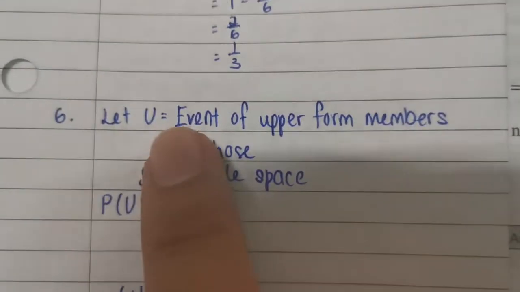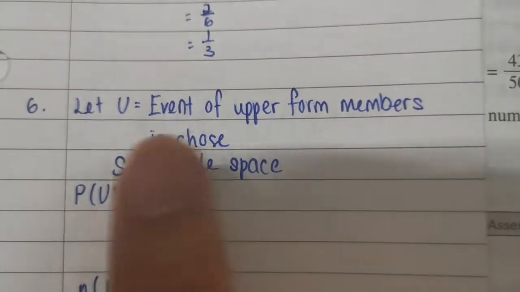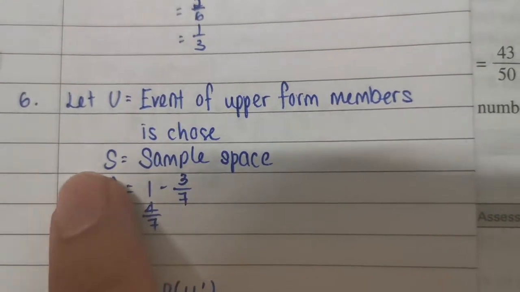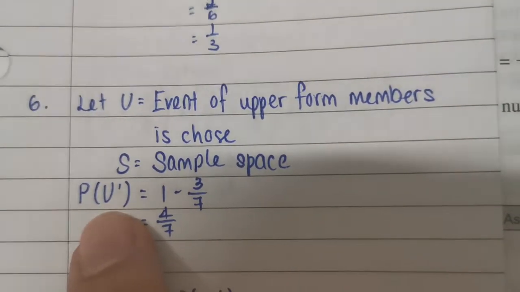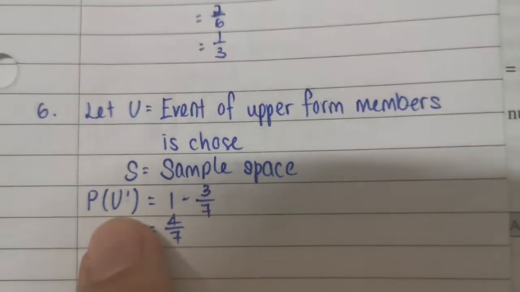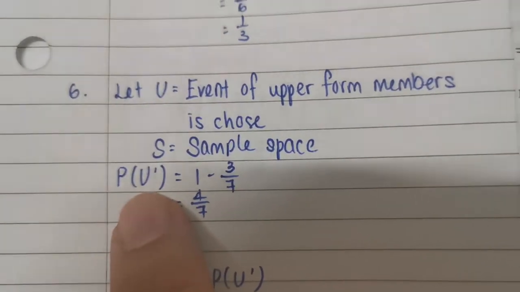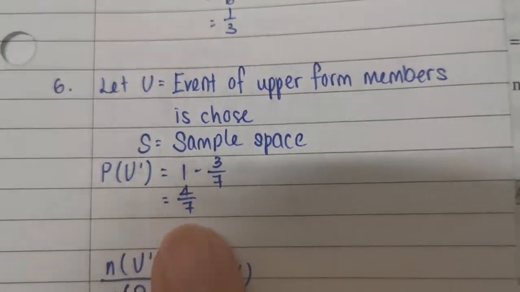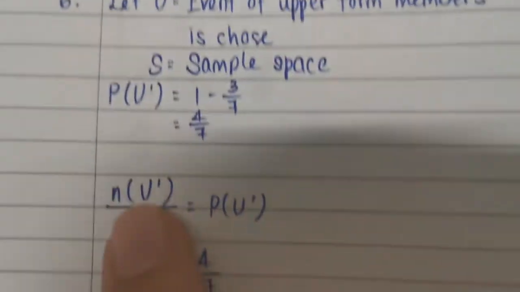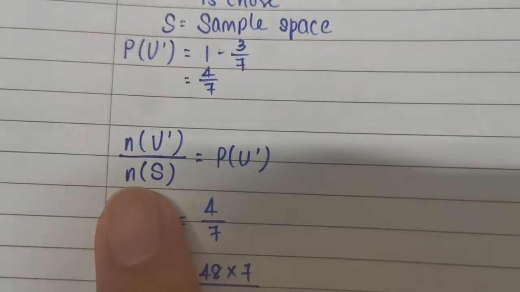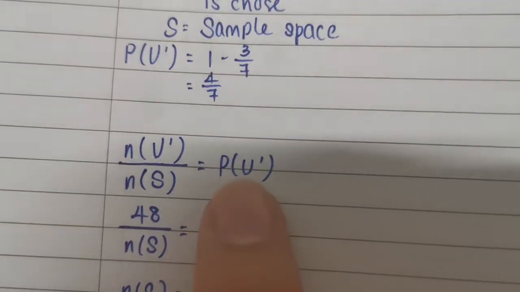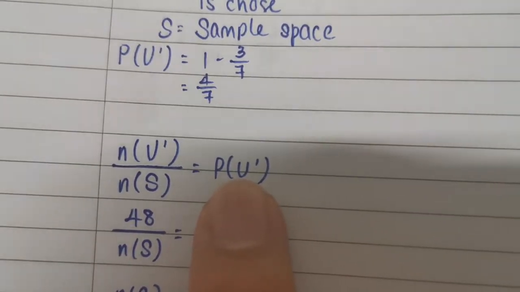So let's just do a simple one. Let U become event of upper form members is chosen. S 是 sample space. 我们先找 complement of U，complement of U 就是 lower form 了。So 1 minus 3 over 7 就是4 over 7. So number of complement of U 就是刚刚算的那个48。Number of sample space 就是我们所有的，等于 probability of U complement.